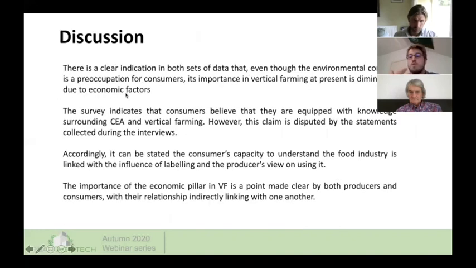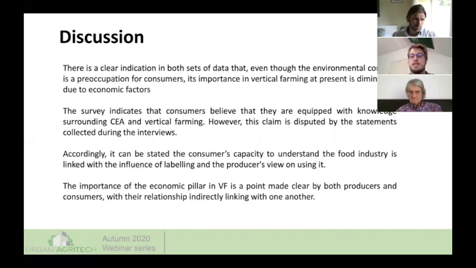So in general, what have we established through the combination of the two discussions? There's a clear indication in both sets of data that the environmental aspect of the product is not a driving force. Even the system's environmental aspect is still being debated.